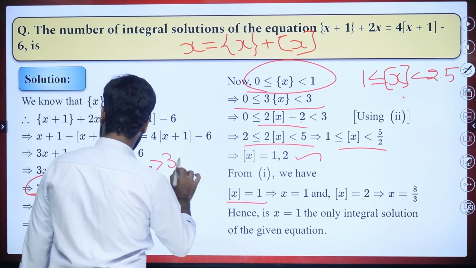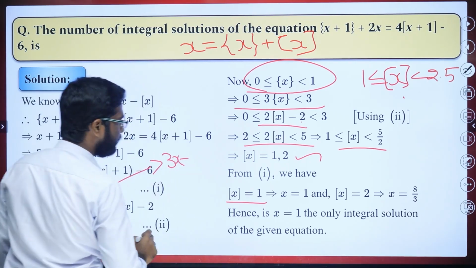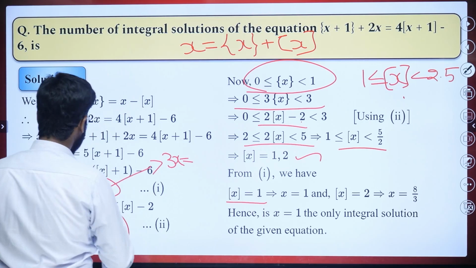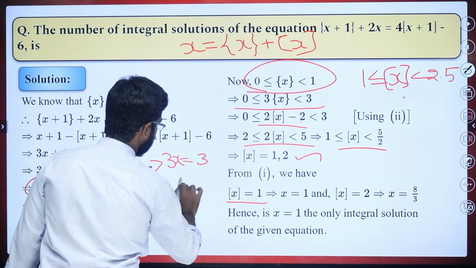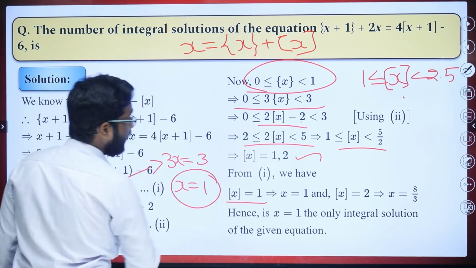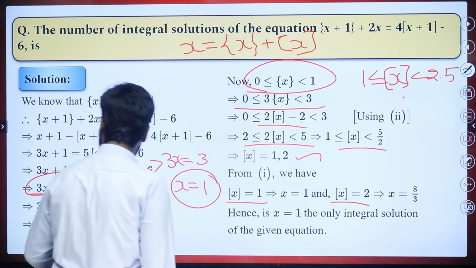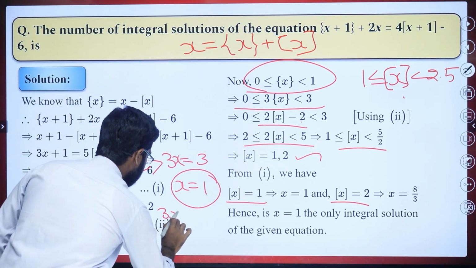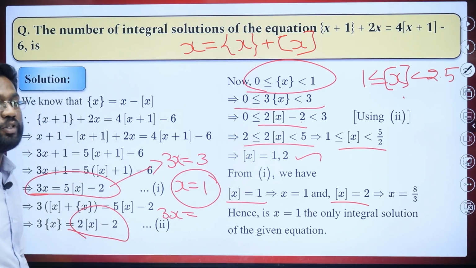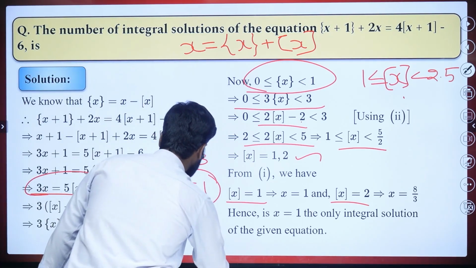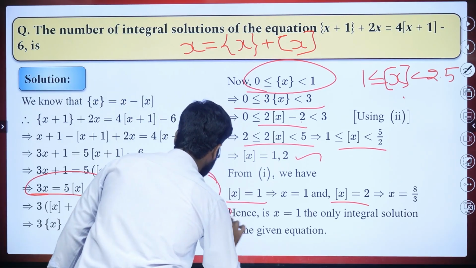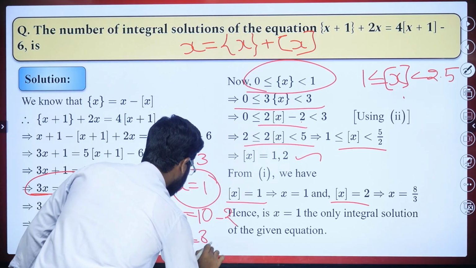So 3x equals 5 minus 2, which is 3, and the x value is 1. If I take 2 in place of it, what will happen? 3x equals 5 2s are 10, my dear students, 10 minus 2. I will get the x value as 8 by 3.